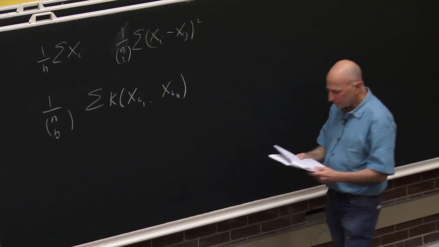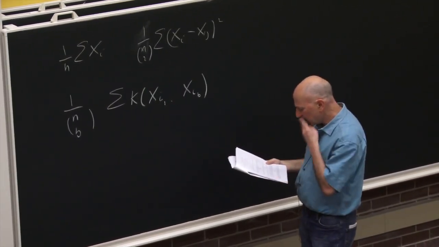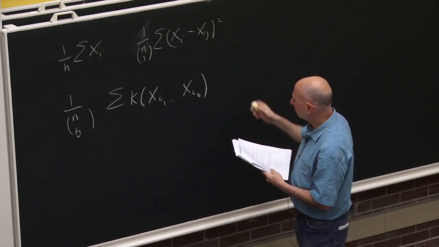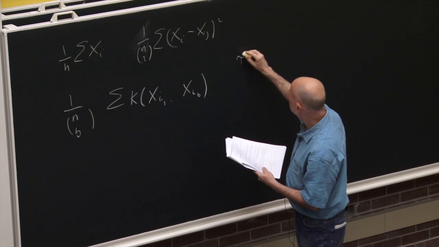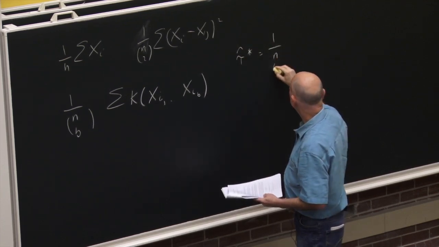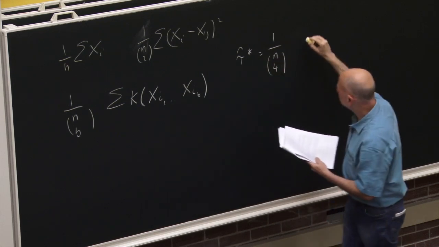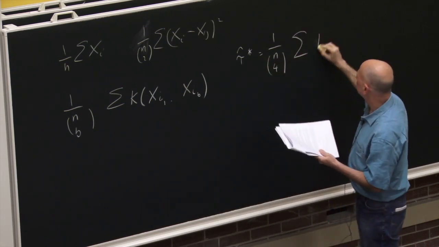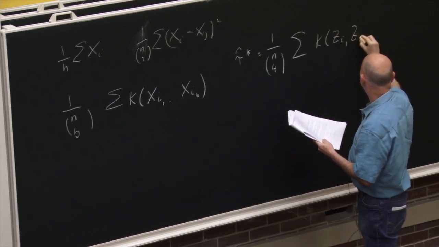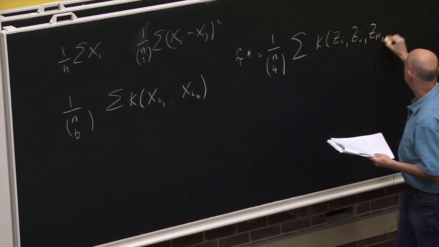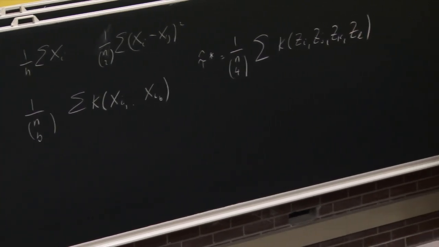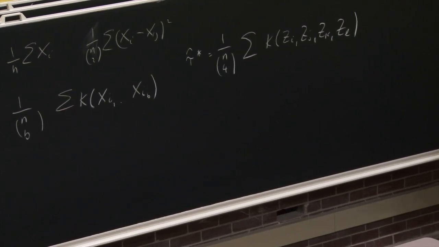And if you remember back to the definition of tau star, it could be written that way. It could be written as a sum of, let's say, k of zi, zj, zk, zl over groups of 4 observations, quadruples.